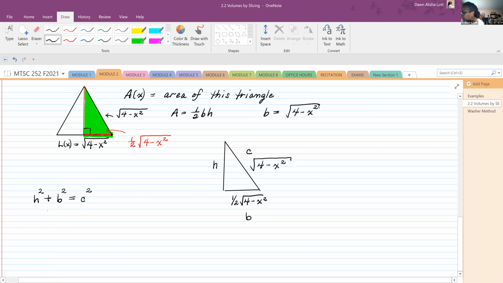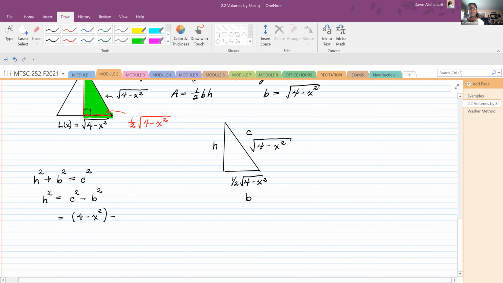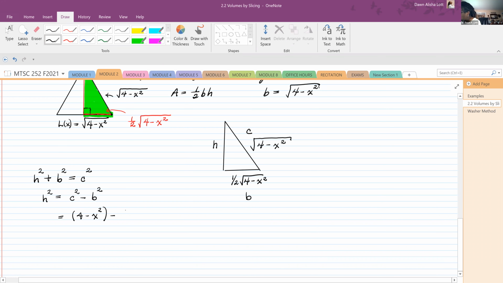So h squared is going to be c squared minus b squared. c squared is just the square of that side, which gives me 4 minus x squared. And b squared, the base squared, is just 1/4 of 4 minus x squared.